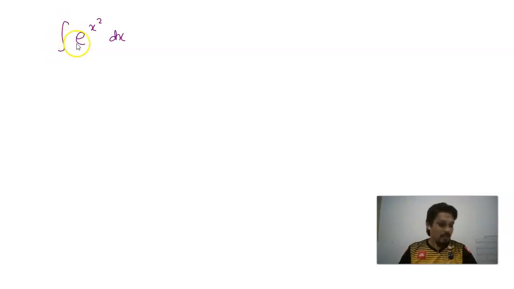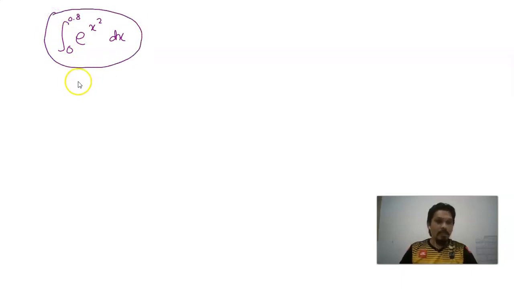So here now from 0 until 0.8, and given that with 5 ordinates, it means that the number of strips is n equal to 4.